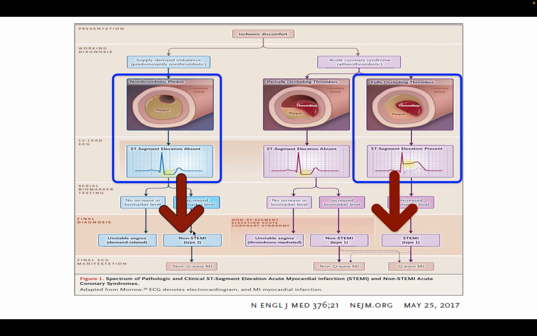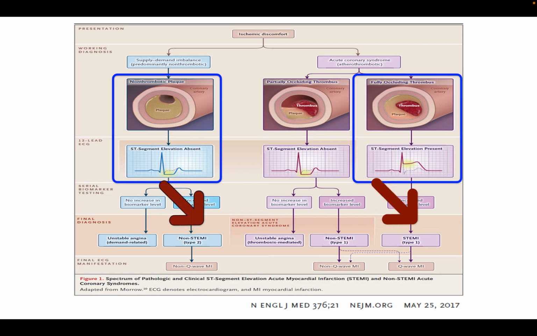Whereas if the patient has a partially occluding thrombus or fully occluding thrombus, as you could see here, the ECG would show a classical ST elevation, which is suggestive of a STEMI.